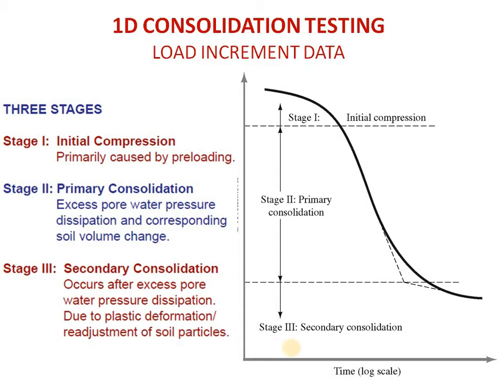It says that the soil has attained its maximum compression stage and it has reached plastic equilibrium. That means if you remove the load, it won't come back to its original position. So this is how one dimensional testing with incremental load is done.